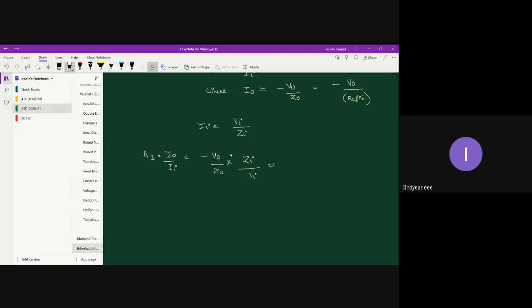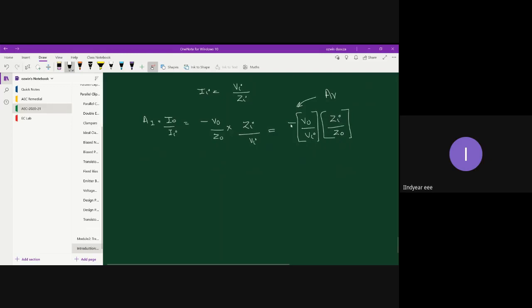Now let me rearrange the expression in such a way that I get the voltage ratio. So V naught by VI, into the ratio of 2 impedances, ZI by Z naught. So what is this expression? Can anyone tell me? V naught by VI. This expression is the voltage gain, output voltage to input voltage.